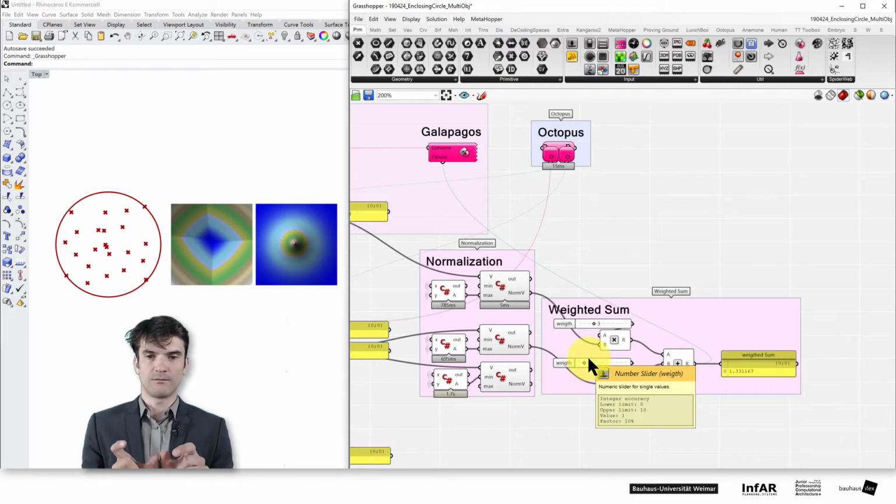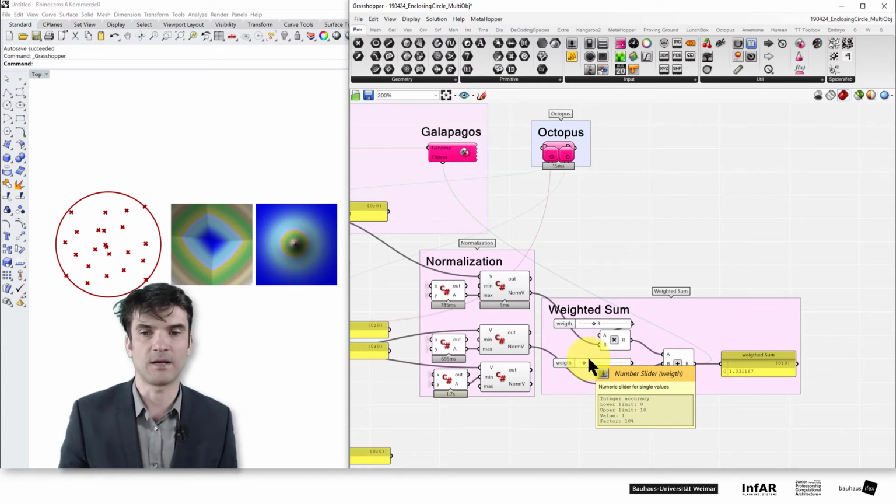So we need to be sure that we put the two objective values in the same range, that we can compare them, that we can weight them against each other, that it makes sense.